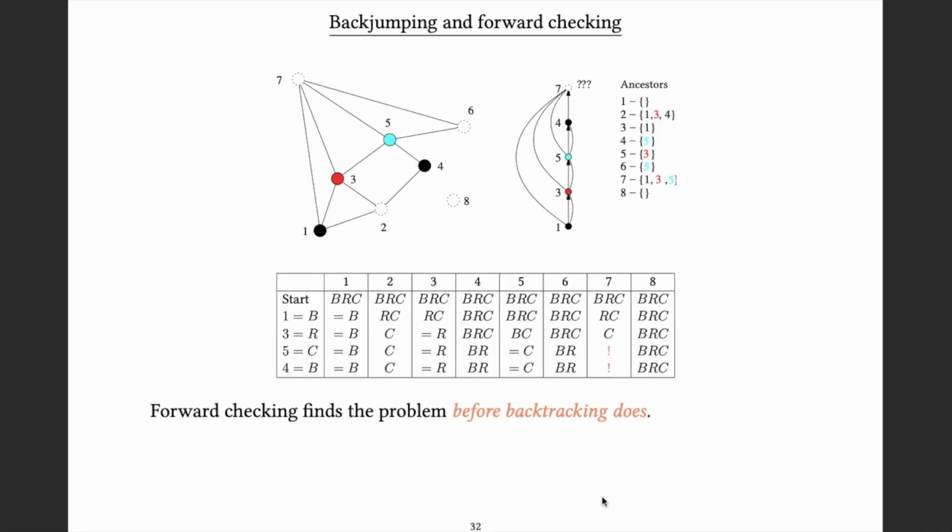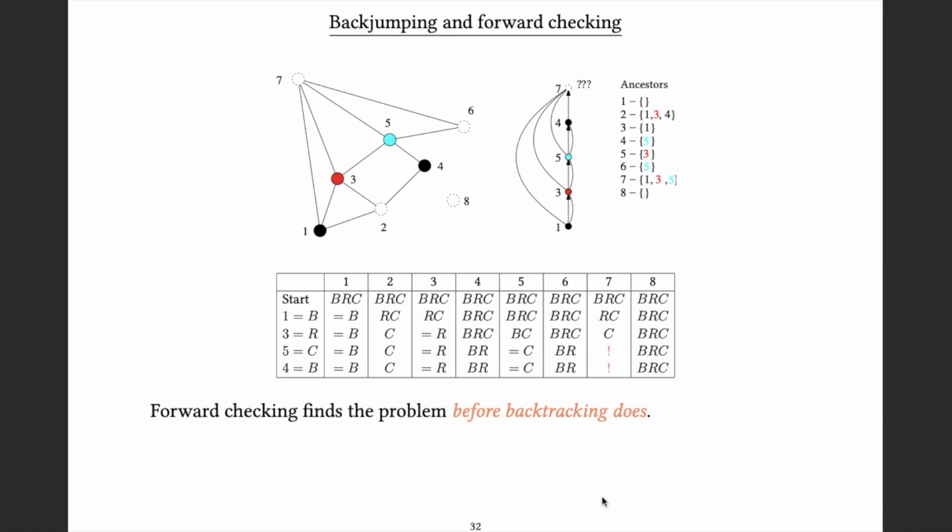But for now, I'll just give again a simple example of the interaction. Here we've got, once again, the simple running example. We have on the right a sequence of assignments and a list of ancestors for the variables at the point that we've got to in the illustration.